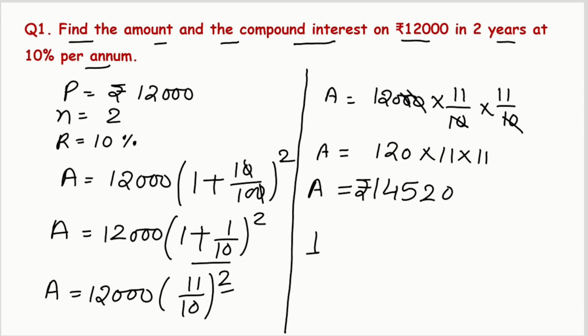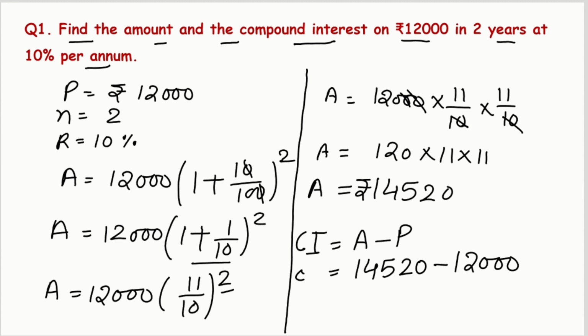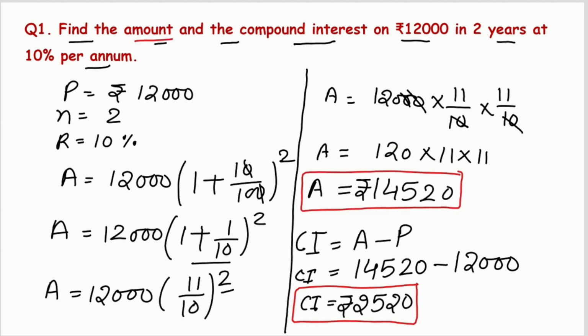Compound interest will be amount minus principal, which is 14,520 minus 12,000. So CI will be 2,520 rupees. This is our answer, compound interest, and this is our answer, amount.